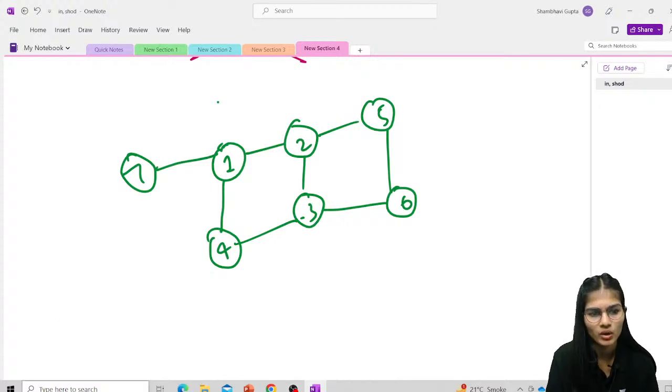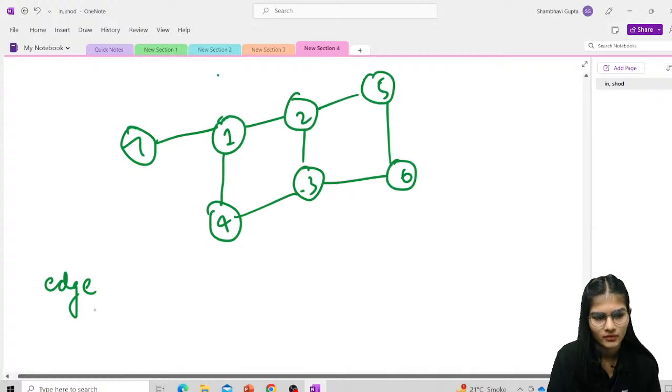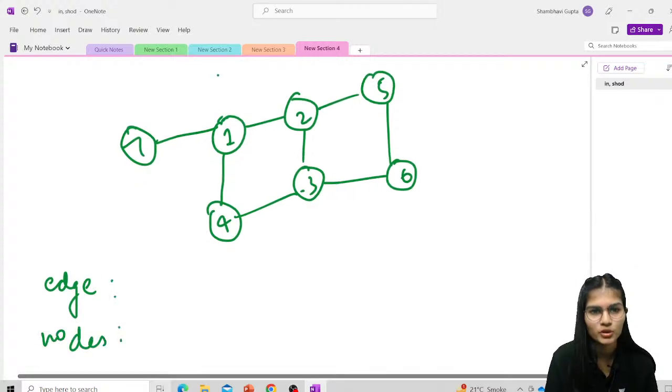Okay, you have to tell me the total edges and the total nodes in this. I'll just put in the arrows, okay?